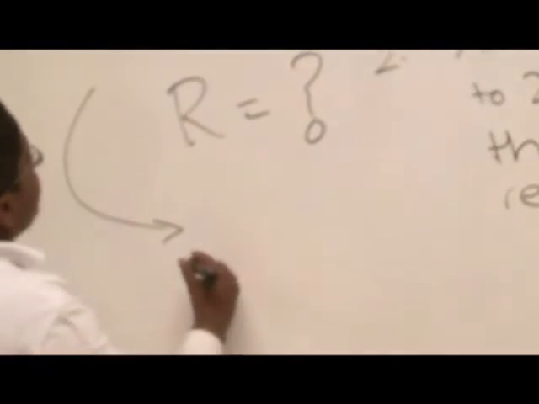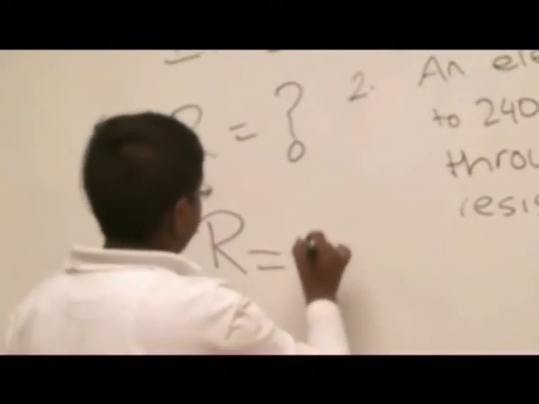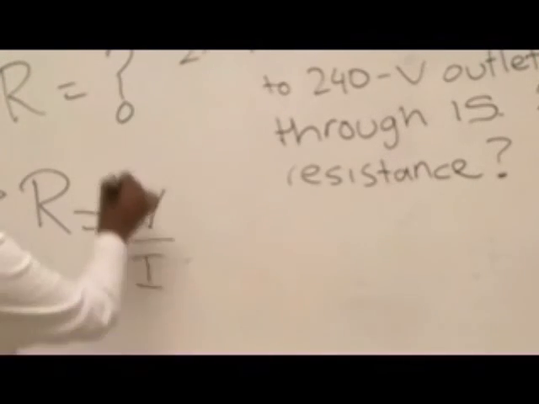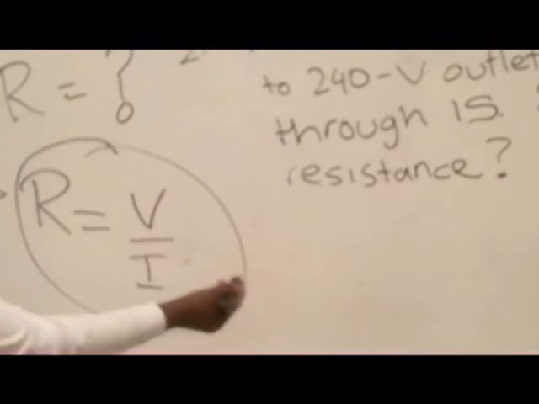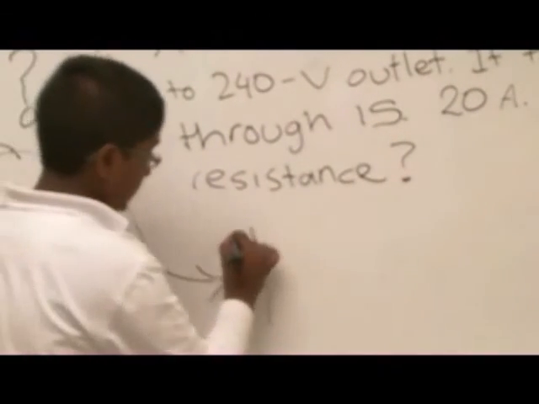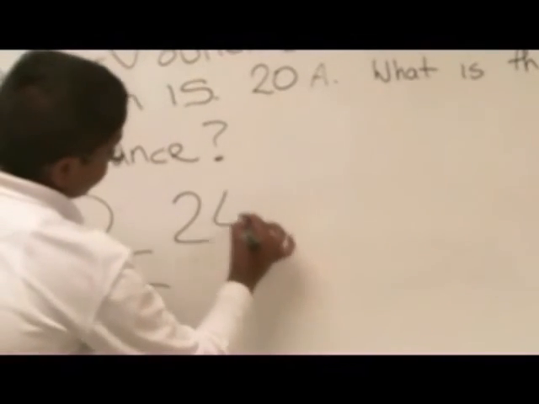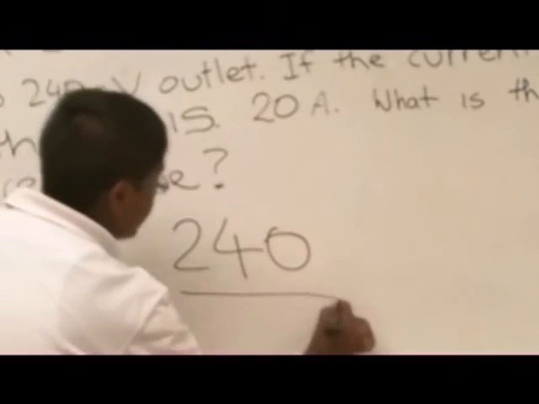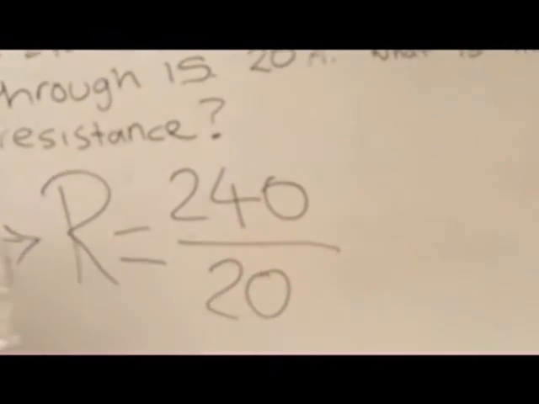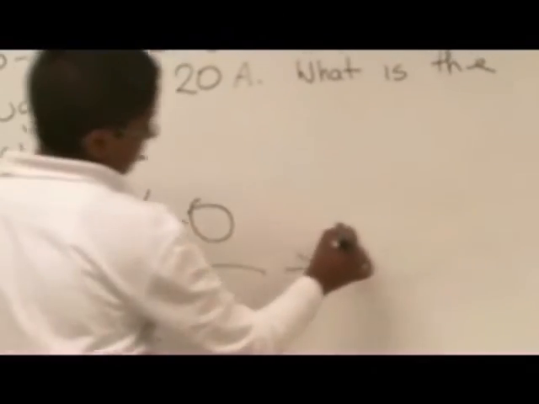So basically resistance R will equal V divided by I. Now that we have the formula, we just simply substitute the values. Resistance will equal 240 divided by 20. You just solve this: 240 divided by 20 will equal 12.